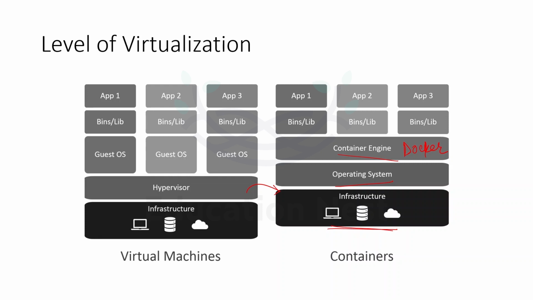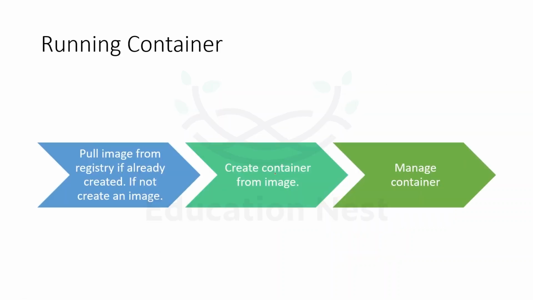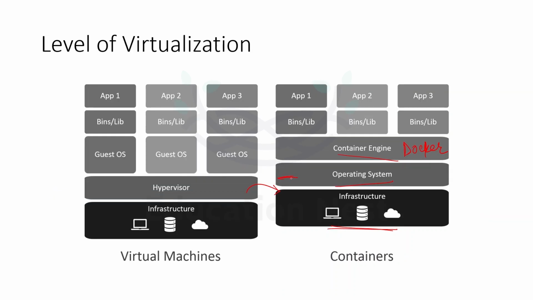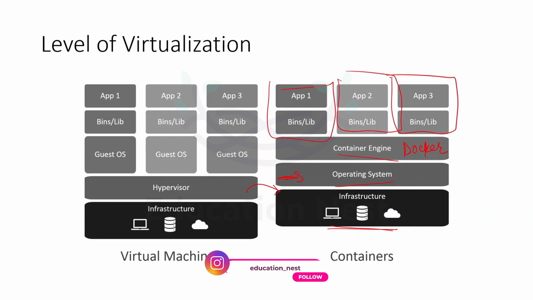Over here, you can see that we have multiple isolated user space instances running on a single host operating system. We have just one operating system over here. So all these containers would be sharing the underlying operating system kernel.